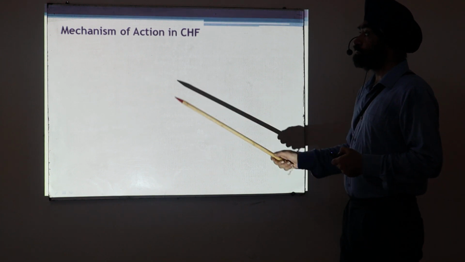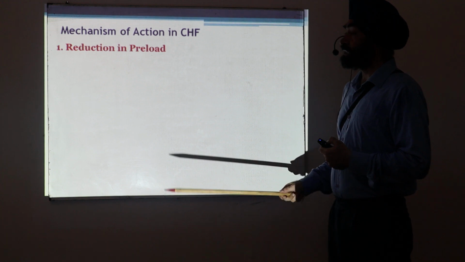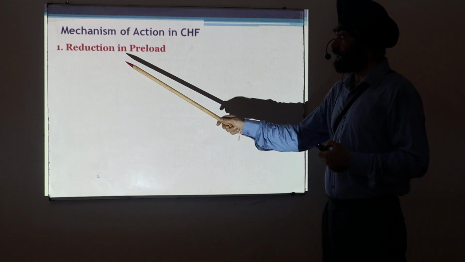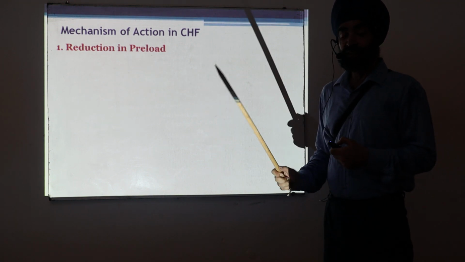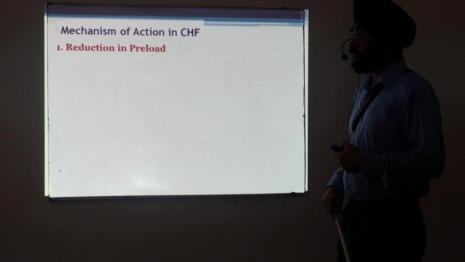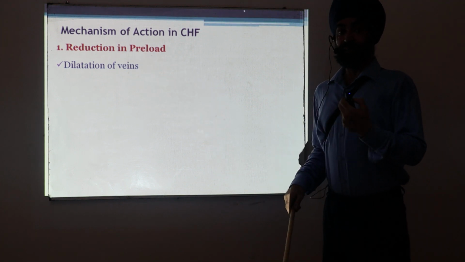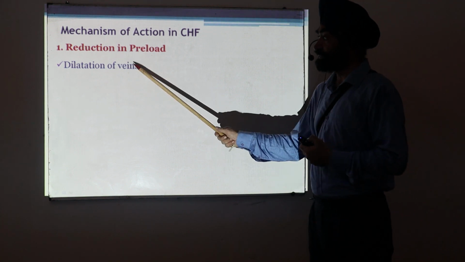Okay. So now coming down to the mechanisms. How are these drugs effective in CHF? There are 4 mechanisms I will discuss. First is the reduction in preload. What is this? You can say they are vasodilators. So they dilate veins.